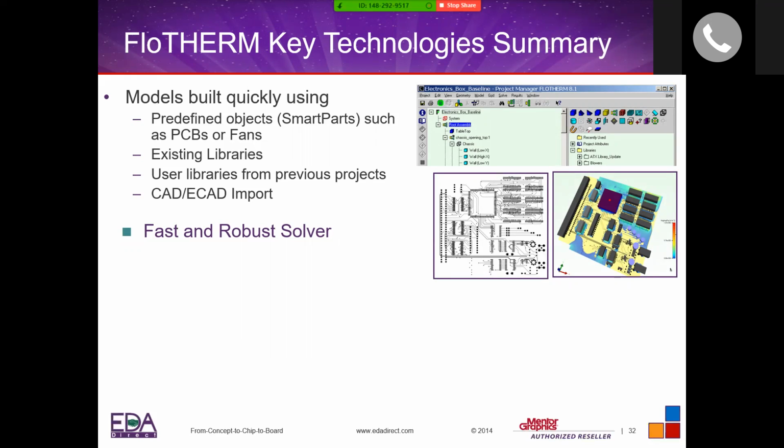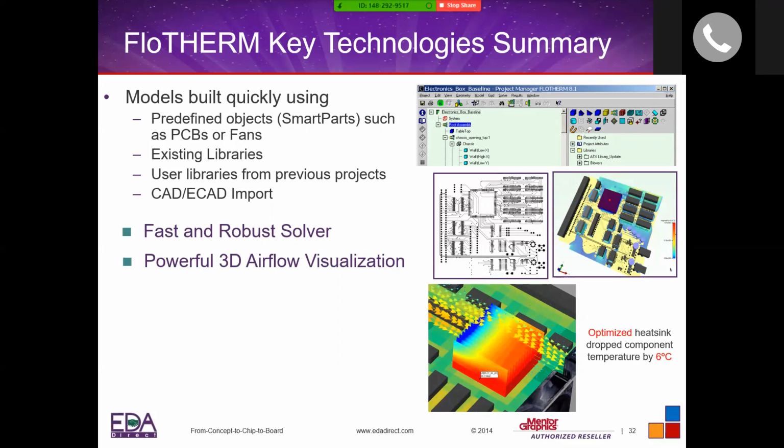And then, we have a very fast and robust solver. The FloTHERM technology was acquired from a company called Flomerics back in 2008. And the technology has been around for more than 25 years. So pretty powerful visualizations of the results.